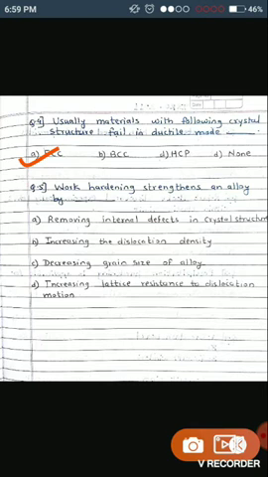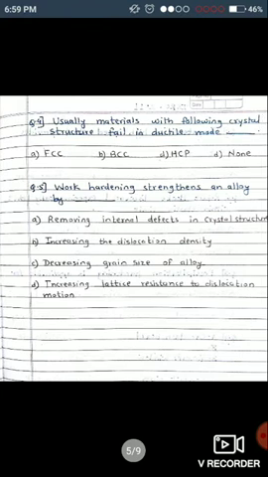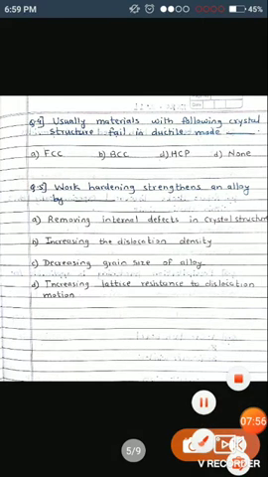But if you go on heating the BCC structure, then the movement of slip is easy. So at higher temperature, even BCC can fail by ductile mode, but nothing is mentioned about temperature. So the correct answer for question number 4 will be FCC, that is option A.